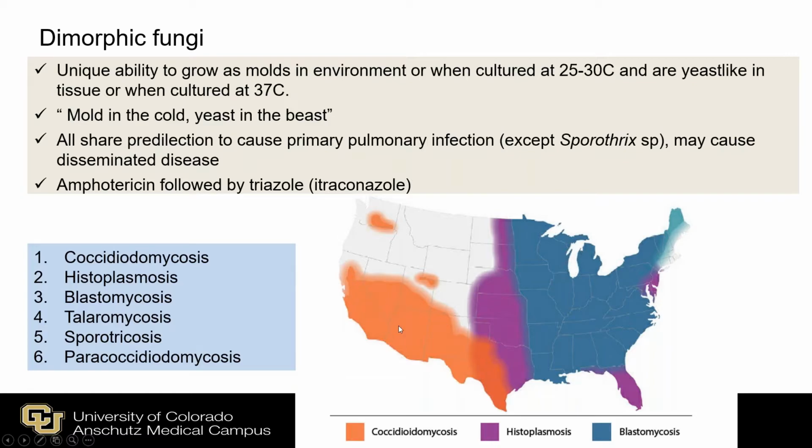This orange shaded area is endemic for coccidioidomycosis, valley fever. This purple shaded area is endemic for histoplasmosis, and this blue area is endemic for blastomycosis. Living in Colorado, we see a lot of coccidioides and histoplasmosis.